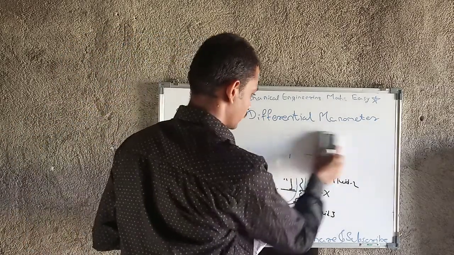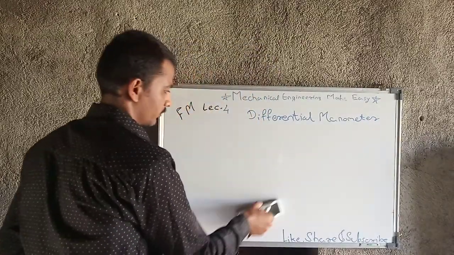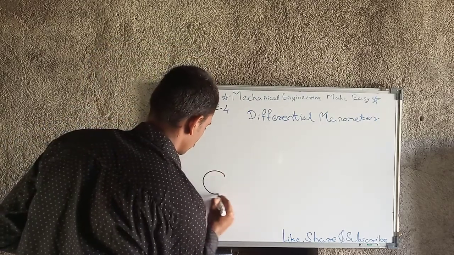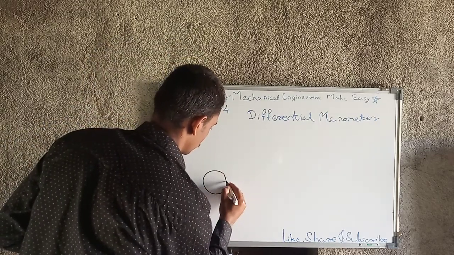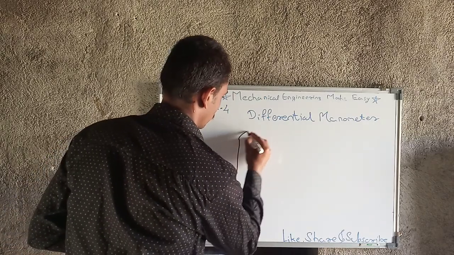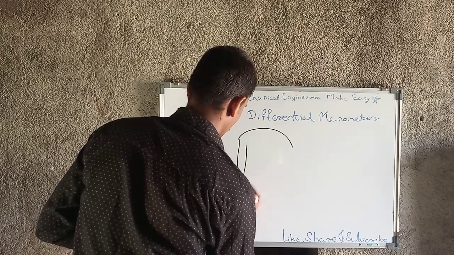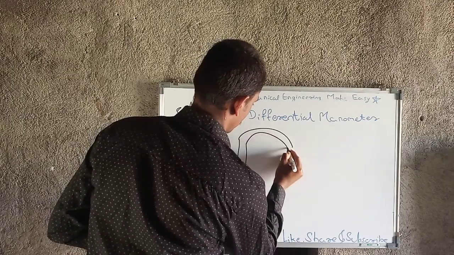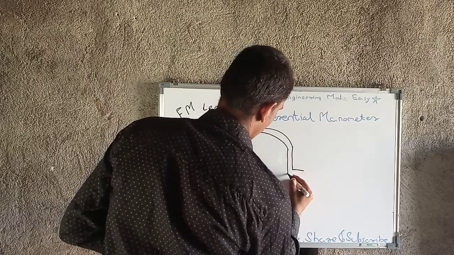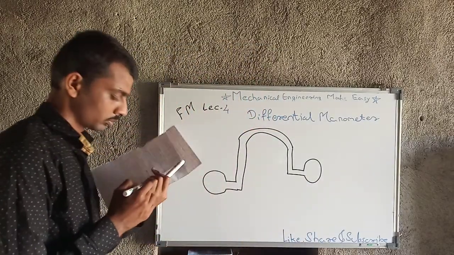So the next differential manometer is the inverted U-tube differential manometer. Means this U-tube will be in an inverted position, likewise.